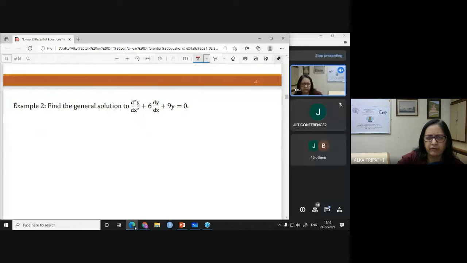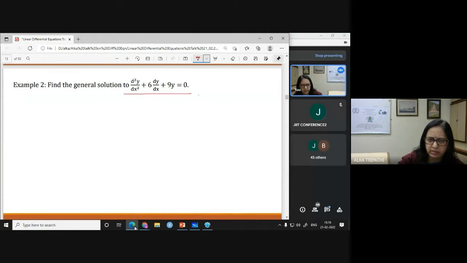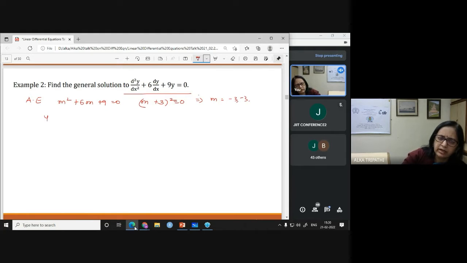For example, for this equation, the auxiliary equation is m square plus 6m plus 9 equal to 0, or m plus 3 whole square equal to 0, or m equal to minus 3, minus 3. Therefore, I can write y equal to c1 plus c2 x, times e to the power minus 3x.